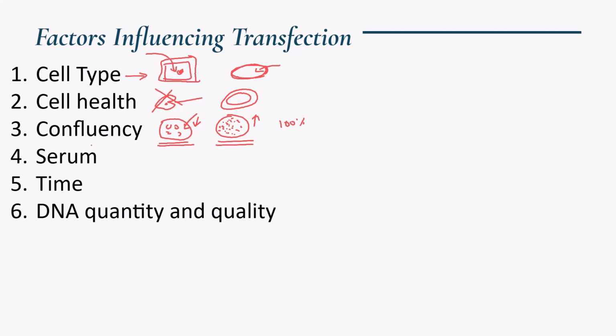Now, the serum is something in which our cells are grown, right? So this serum contains many components, and one of the components is ions like calcium, and many other ions. So when we use chemical methods or physical methods like electroporation and so on, both types of method should be chosen by considering the type of serum.